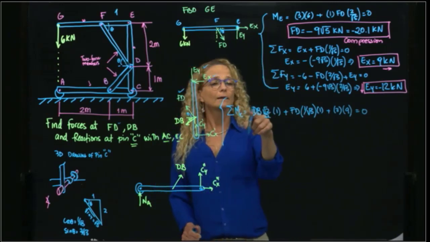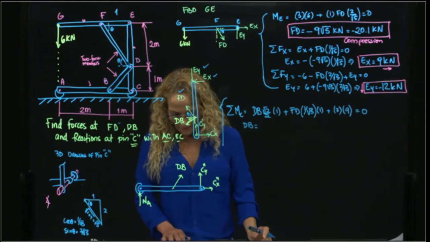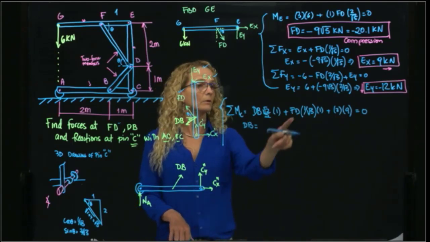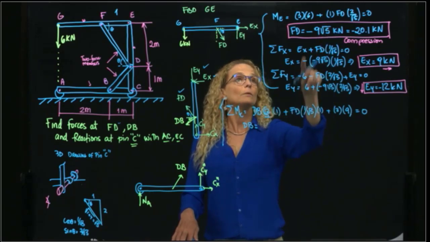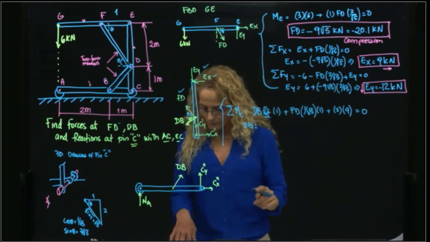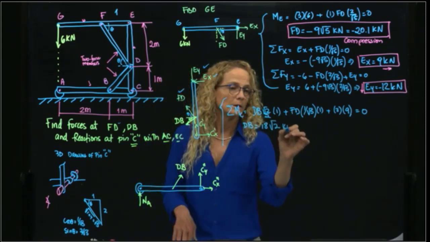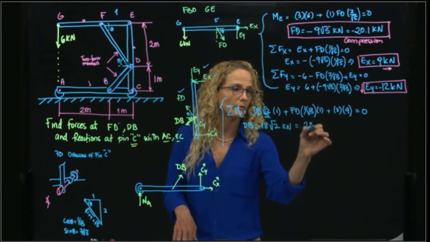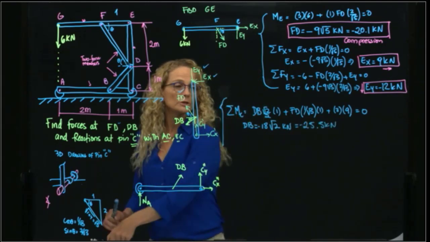So from here, I can solve for DB. And I have the value right here. Well, this is easy. We plug in the 9 square root of 5 over here with the negative value. Be careful with that. And then we solve for that. And we get that this is 18 square root of 2 kilonewtons, which is equal to 25.5 kilonewtons, which is also in compression.